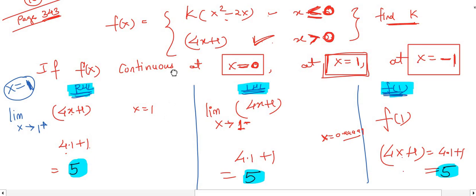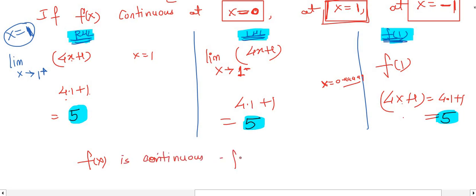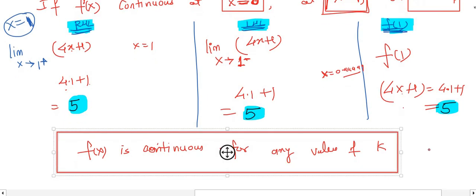Okay. So what we can write here, f(x) is continuous for any value of k. So its continuity does not depend on k. This is the conclusion. Okay.